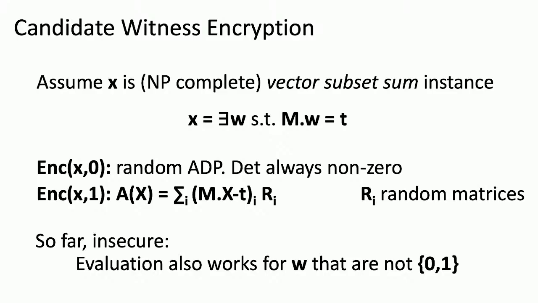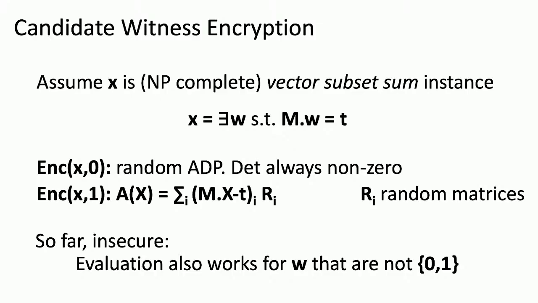So if I take this linear combination, I will get a matrix of affine functions. And moreover, if you give me an input w that satisfies this, when I plug it into A, this vector will be exactly 0, so the overall sum will be 0 and the determinant is therefore 0. So at least this is an ADP that allows you to actually evaluate the witness encryption scheme correctly.